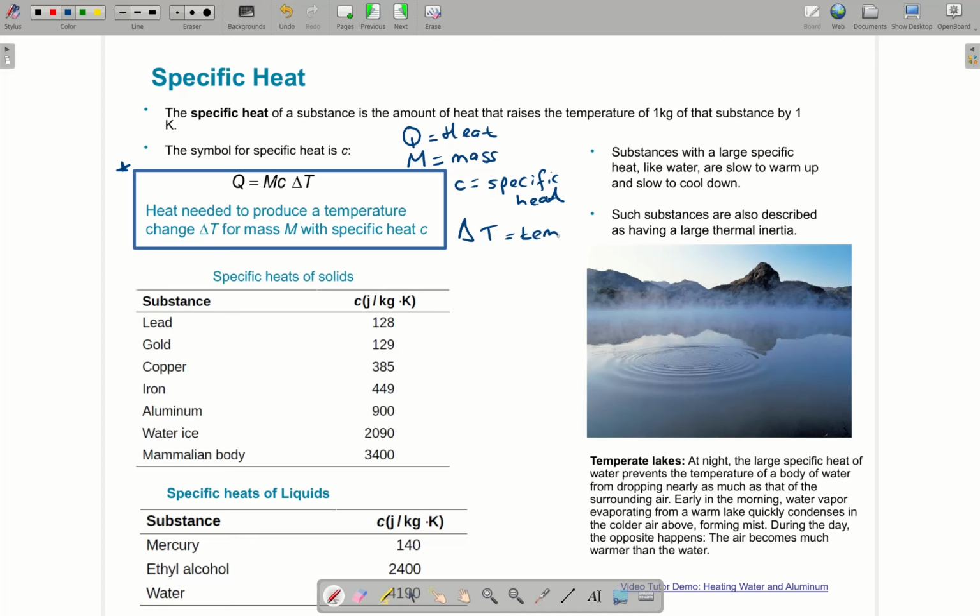This is the temperature change, final temperature minus initial temperature. If I give the same heat to different materials, their temperature will change differently, even though they might have the same mass, because they will have different heat capacity. Those who have large heat capacity can take in a lot of heat without changing their temperature too much. If you look here, temperature change is inversely proportional to heat capacity.